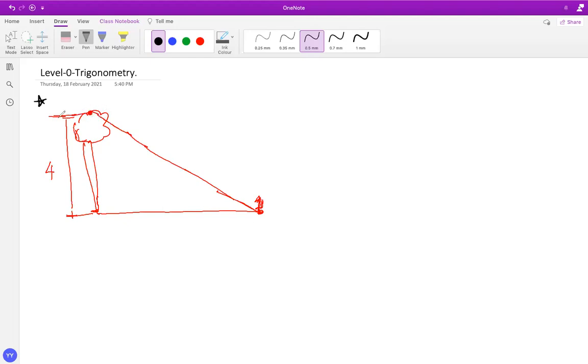Assume this height is 4. We can find out at what angle this person should incline his camera so that he can see that bird.